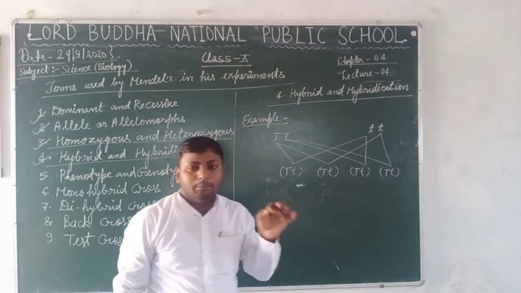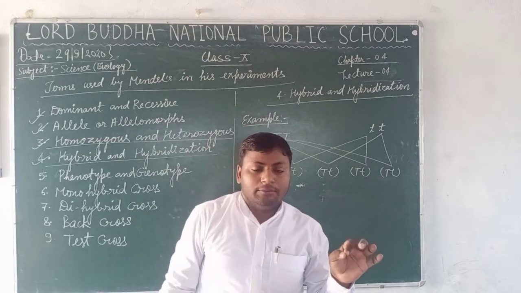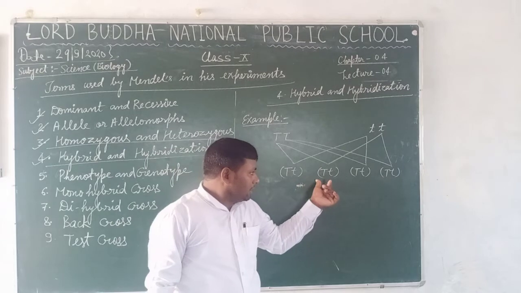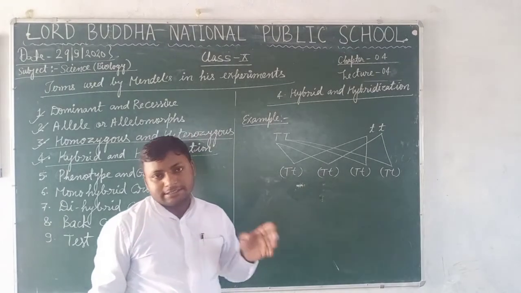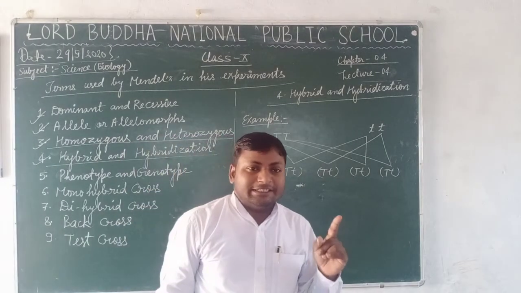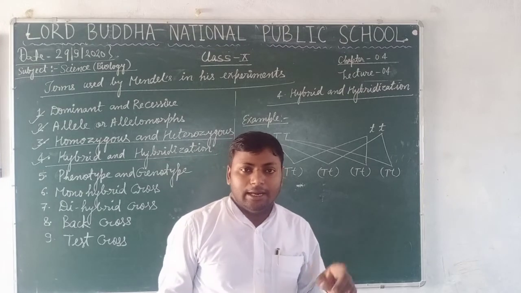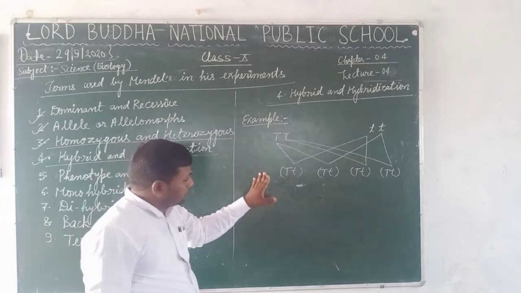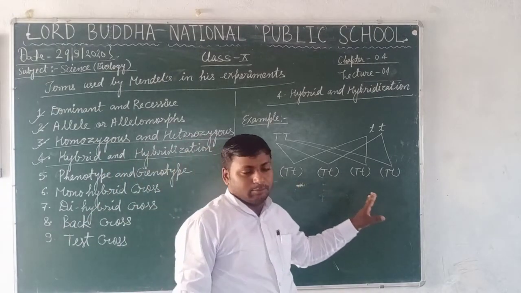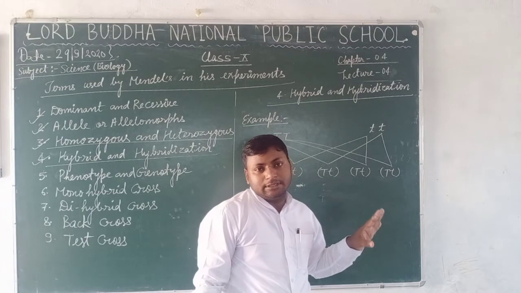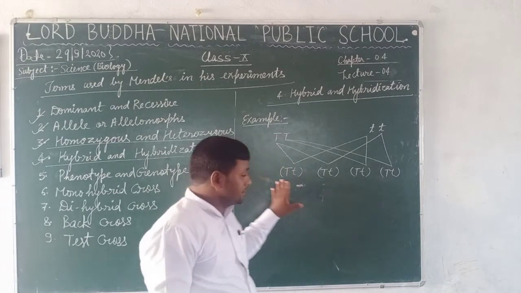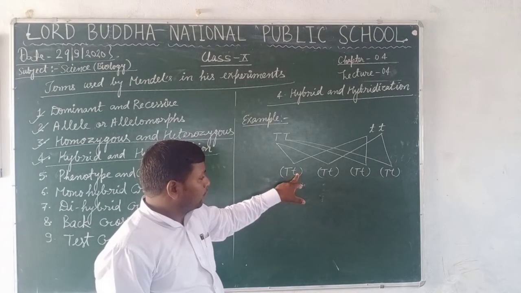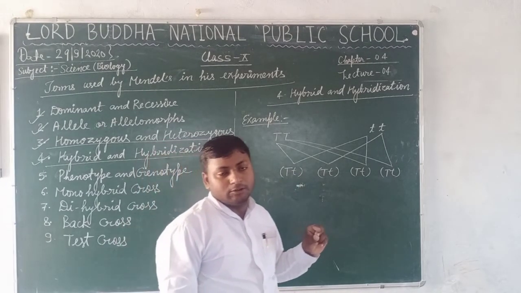It means hybrid is the kind of characteristics in which the individual plant has one gene as dominant and another as recessive, but the physical appearance of such plants is always dominant, because the recessive trait is suppressed by the dominant one.